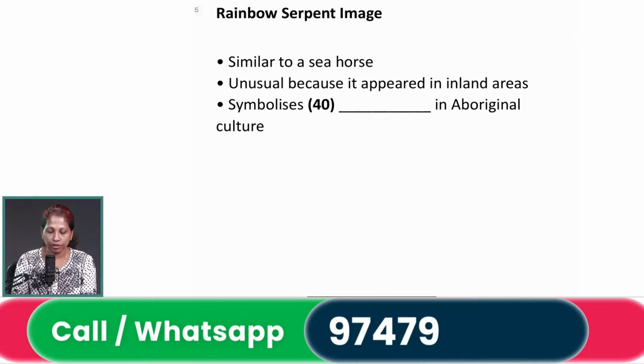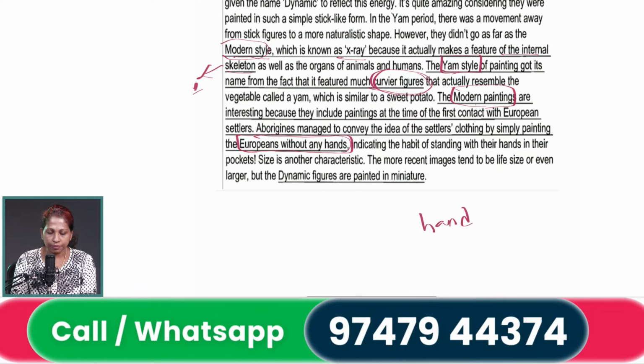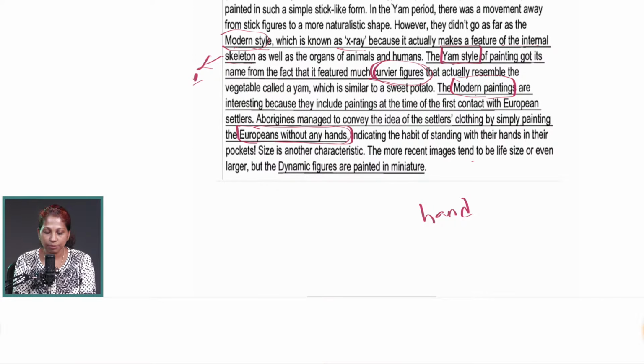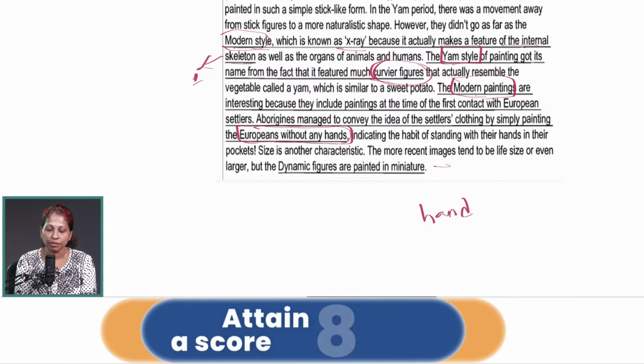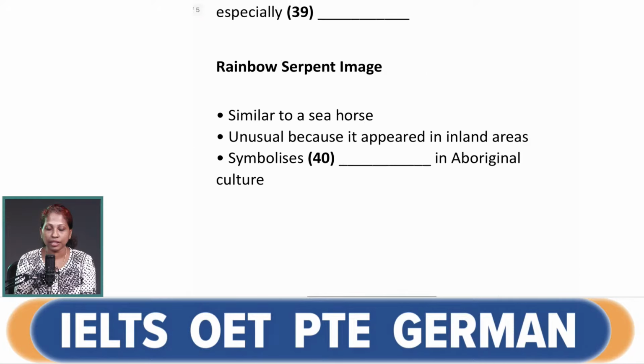Now going further, okay, fine. Indicating the habit of standing with their hands in their pockets. Size is another characteristic. The more recent images tend to be life size or even larger, but the dynamic figures are painted in miniatures. Now, miniature means mini figures, right? Mini forms, small forms. We say miniature of something.